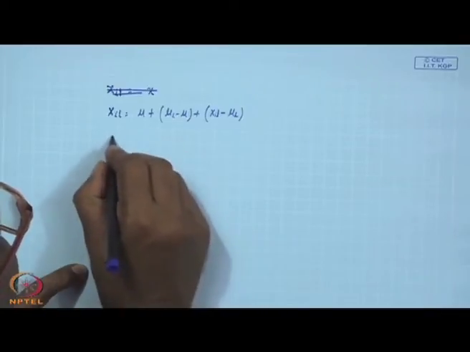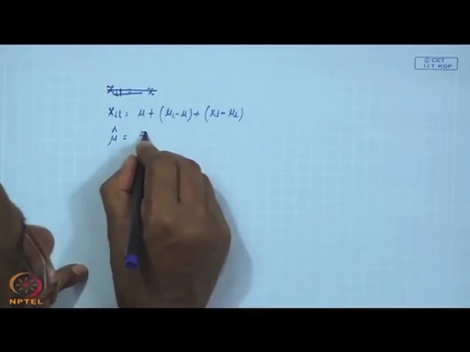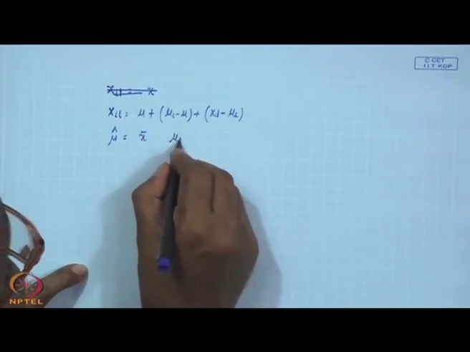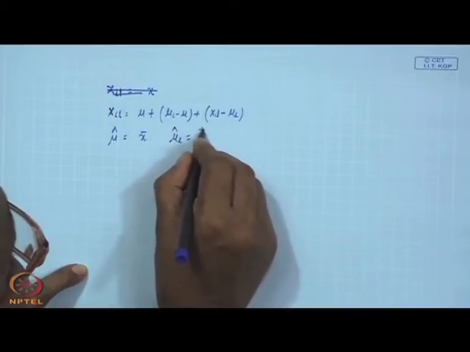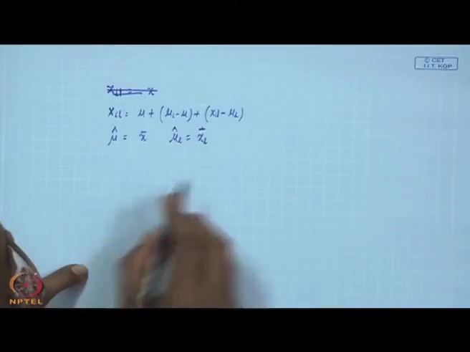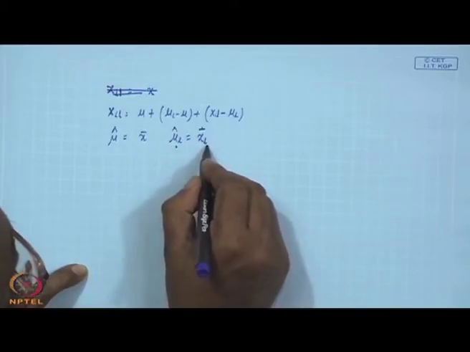Now, what is the estimate of mu? That is x bar. What is the estimate of mu_L? That you have seen in MANOVA, that is x_L bar. Mu_L, that is the mean of the L-th population, the estimate is the sample mean.